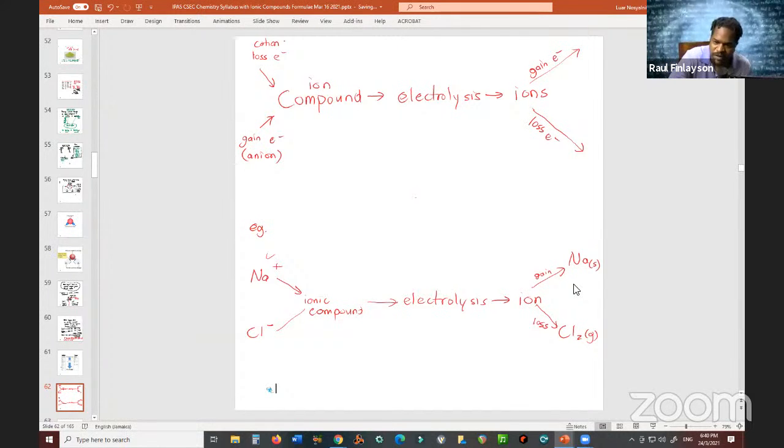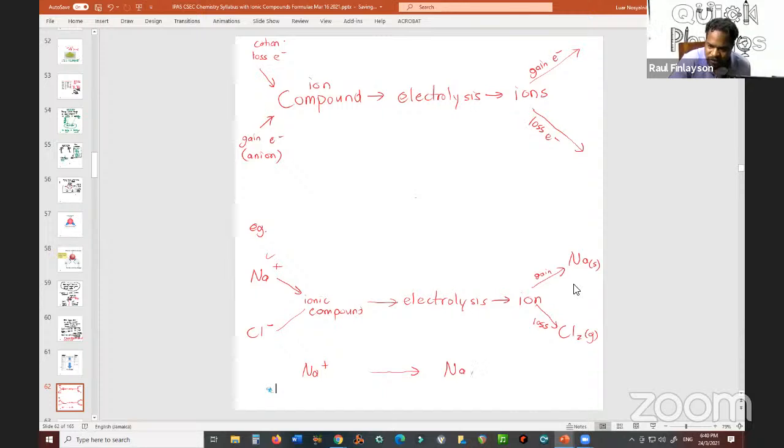In CXC, they'll ask you for the equation. They'll ask you, how does Na+ move to becoming Na solid? This is the natural state, by the way. When you write Na with the s there, it's saying this is the natural state, because we know sodium is a metal and metals are mostly solid.